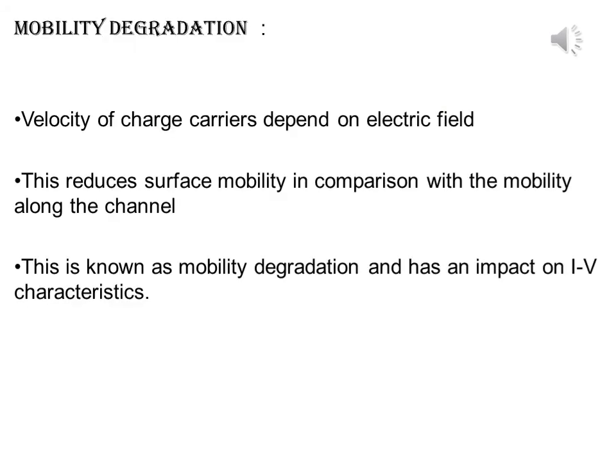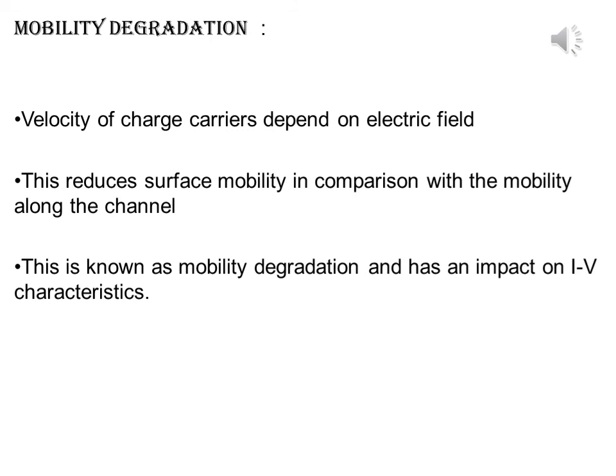Next we'll consider mobility degradation. Here the velocity of charge carriers depends upon the electric field, and when these carriers travel along the length of the channel, they get attracted to the surface. They get attracted to the gate by the vertical electric field. What is this vertical electric field? It is the field created by the gate voltage.